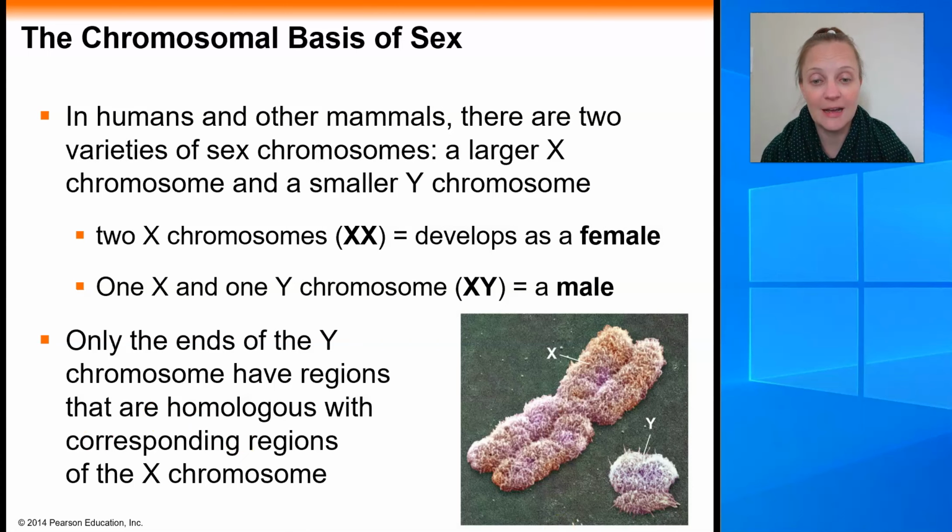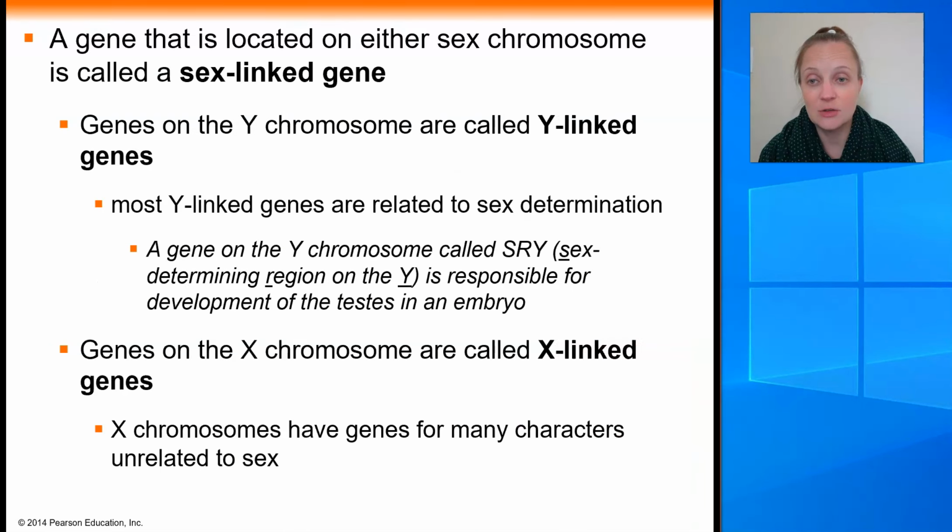Now, when we look at the sex chromosomes, the X and the Y chromosome in humans, they carry very different genes. And those genes that are located on a sex chromosome are called sex-linked genes. The ones that are on the Y chromosome are called Y-linked genes, and the genes on the X chromosome are called X-linked genes. Again, makes a lot of sense.